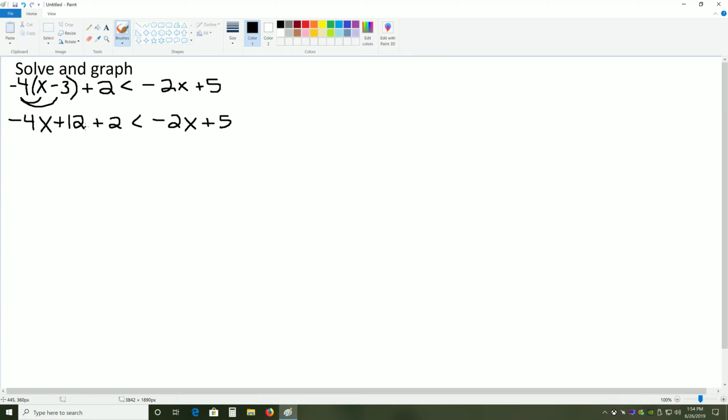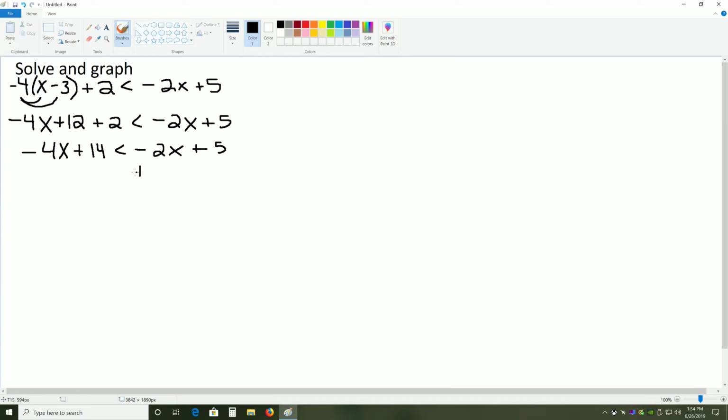Then from here, we can combine the 12 and the 2 to give us negative 4x plus 14 is less than negative 2x plus 5. Now from here, generally you want to move the smaller x to the other side, but when you're working with inequalities, it's usually easier to see the x on the left side of the equation when you're reading it.